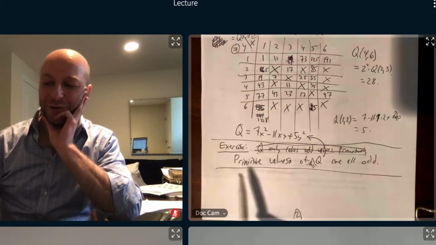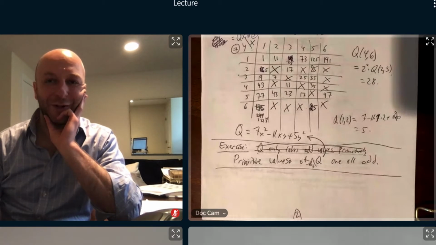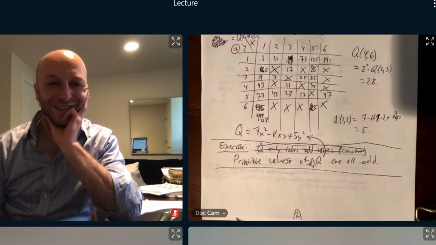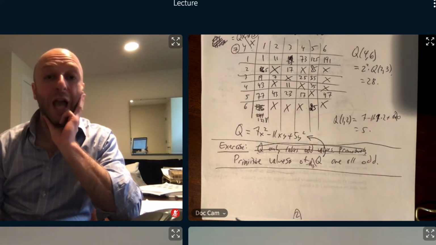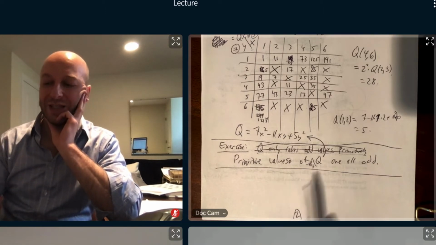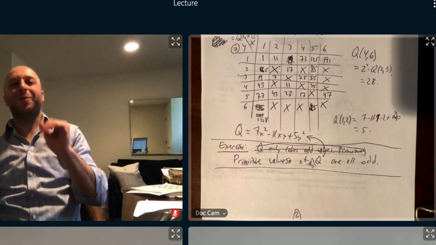So how would you prove that the values of Q are all odd? In fact, all you have to do is point to something. There's a very easy thing to do now that we have this whole table. X and Y cannot both be even, right? If X and Y were both even, then you would certainly get even values. But there's something very simple.